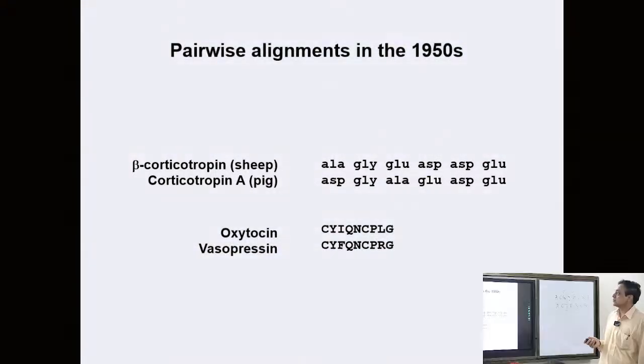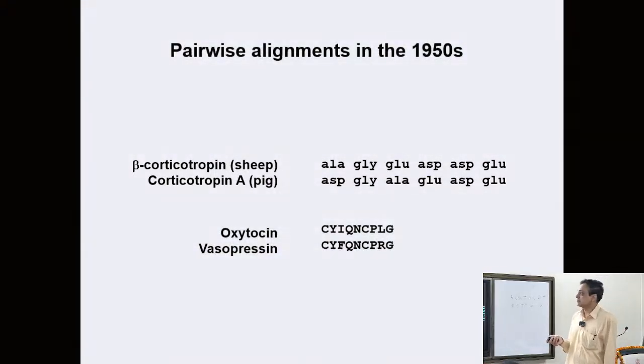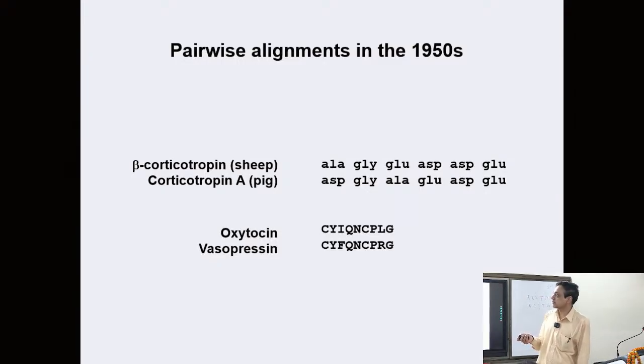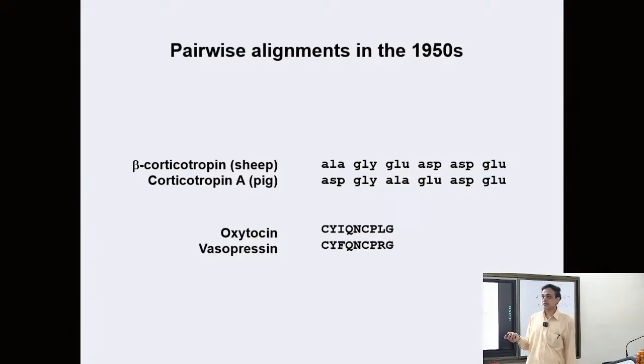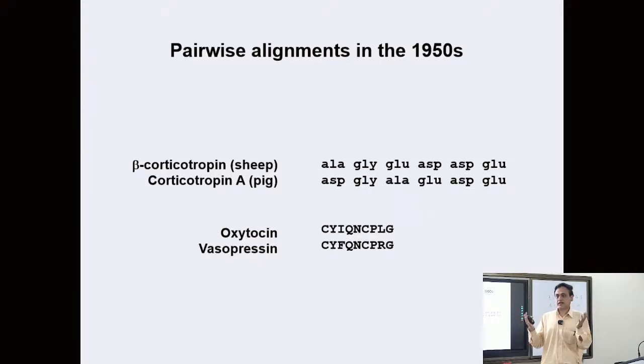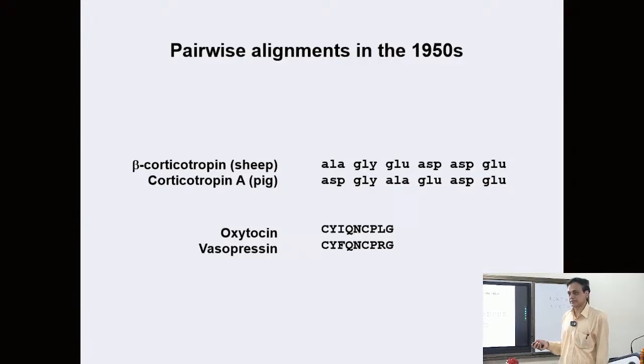So, pairwise alignment in the 1950s. You can see the alignment of 2 proteins, and these are hormones, beta corticotropin from sheep and corticotropin A from pig. Given the sequences and being asked how similar or dissimilar they are, you would want to align so that you maximize the identities.